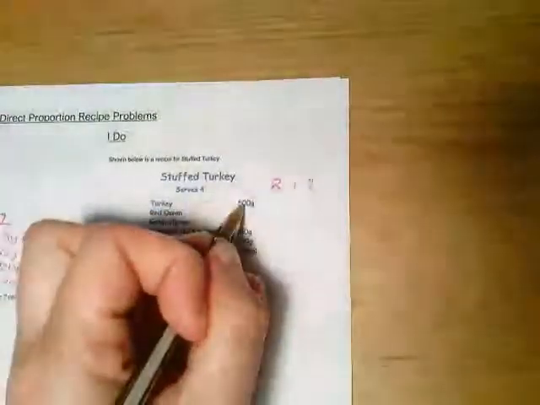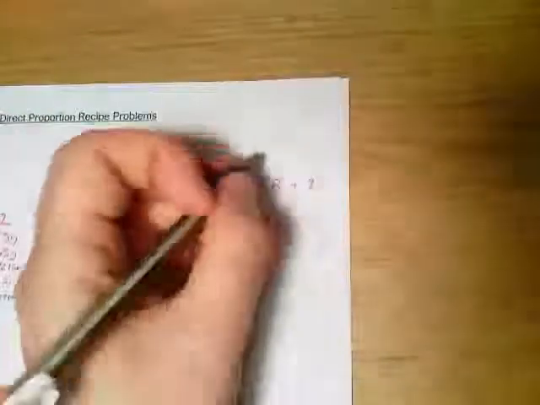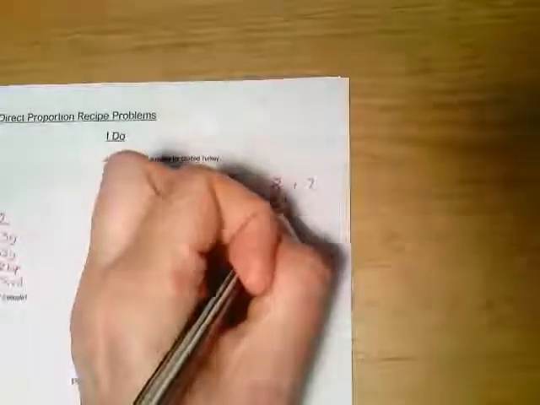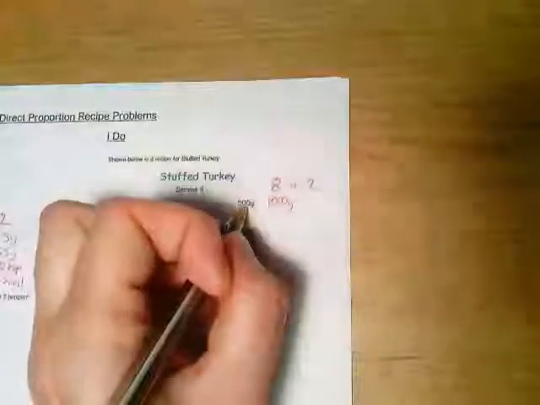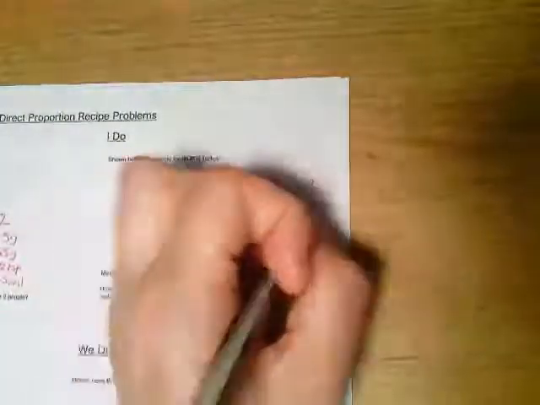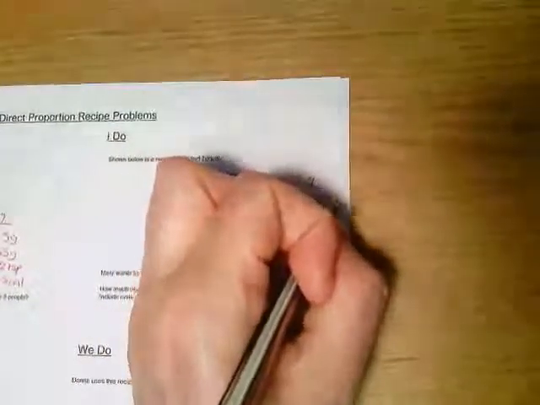So I'm going to look at how much of each ingredient I need. For turkey, I'd need to double it. Okay, so that is 1,000 grams, which a lot of you will probably look at and go, oh, that's a kilogram. It certainly is. And then halve it to make for the extra 2 people, so it's 250 grams.